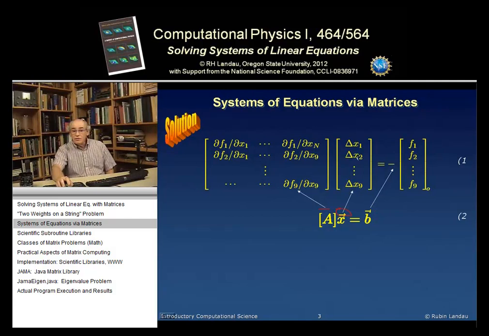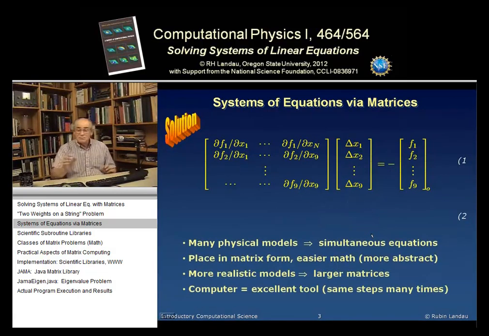Okay, that vector indicates that this is a column vector we're talking about. Usually in books, and in our book, that would be indicated with bold font, but bold on the screen here doesn't show up well. And the b is just the right-hand side of this equation, which is minus f, where f are just the equations. So this now is equation 2, a matrix problem we need to solve.